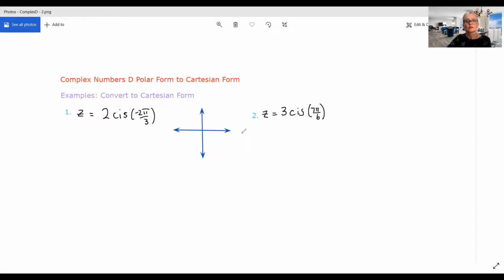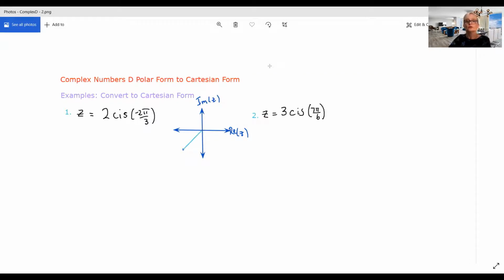This is our real axis, this is our imaginary axis. If we're at negative 2 pi on 3, we're heading in this direction by 2 pi on 3. Now this is one whole pi, so 2/3 pi would be around here somewhere, wouldn't it? Let's just pop in the line from the origin to this point.